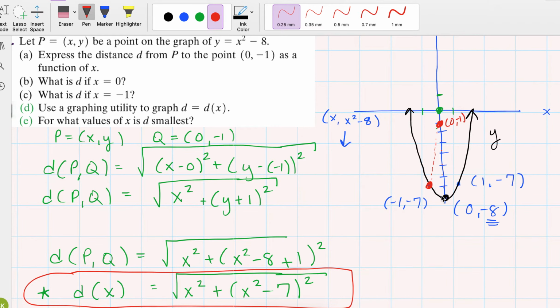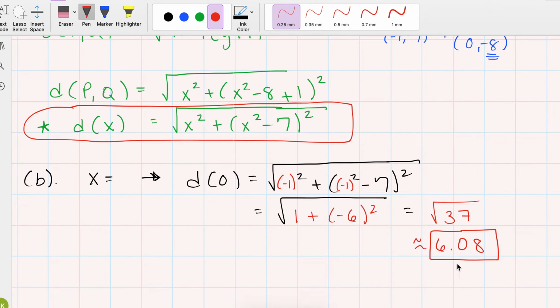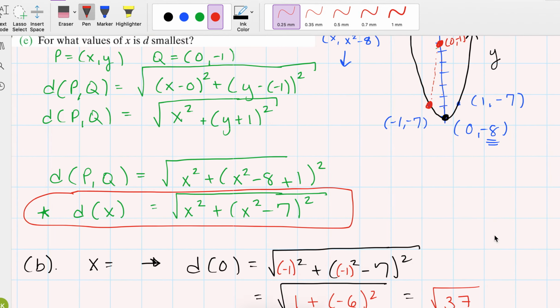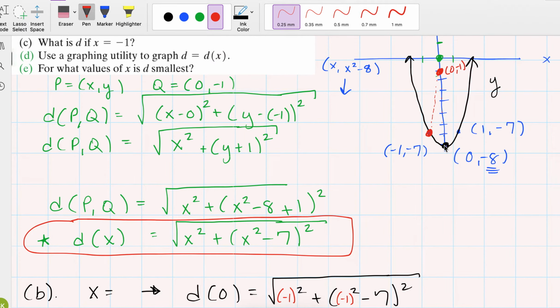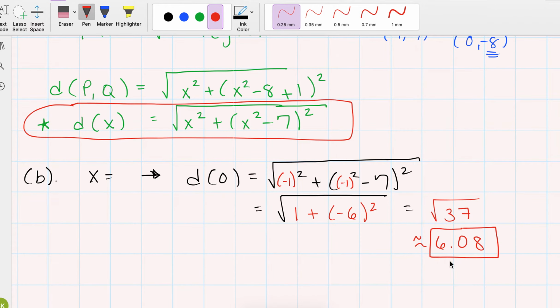And that distance is what we found right here, 6.08. Does that make sense? Well, let's see. The distance from here to here is 7. We know that for sure. That's easy to calculate. And this point, you can see it's just like one up here, but we're making a straight line that's not straight down. It's kind of at an angle here. So you could make a right triangle, this side being 7, this side being 1, and that would give you the length of this side here. And it looks like it would be pretty close to 7. And it is, it's 6.08.